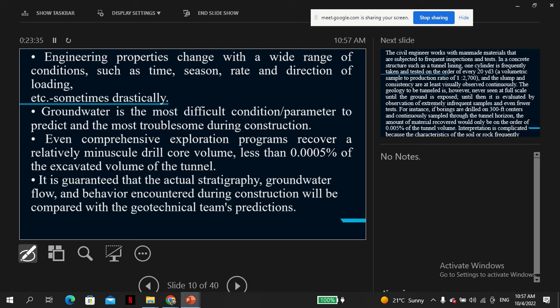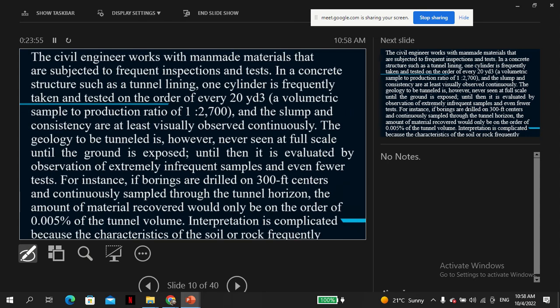So it is actually guaranteed that the actual stratigraphy, groundwater flow, and behavior encountered during construction will differ from the geotechnical team's predictions. So it's good to do the investigations and then have an idea of what the expectations are.